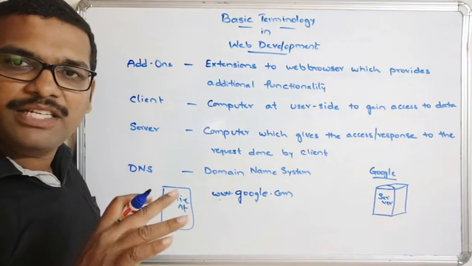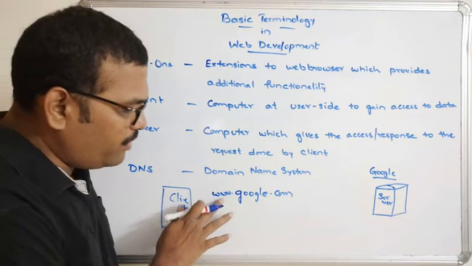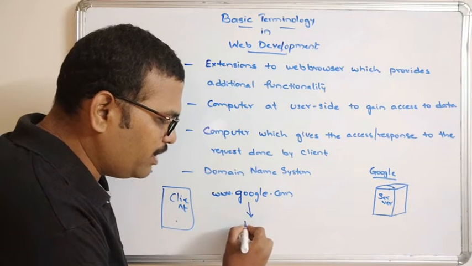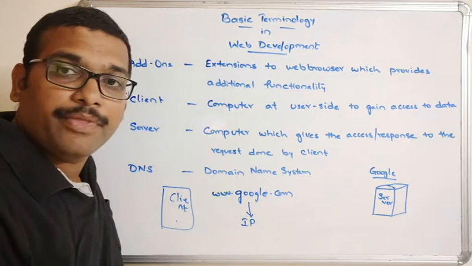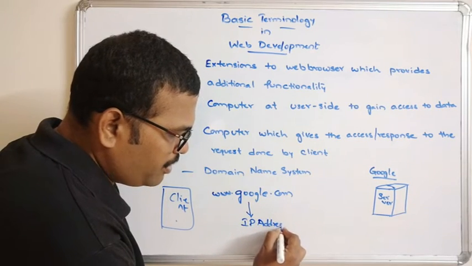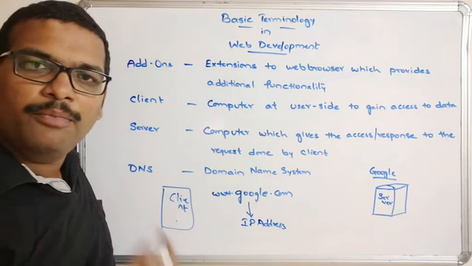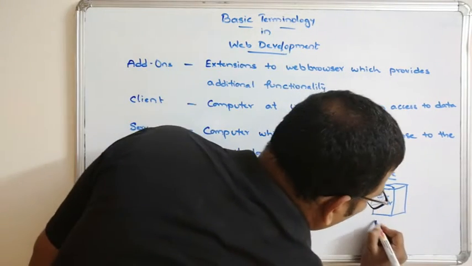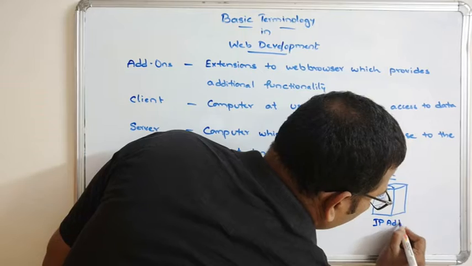How it happens is, whenever the user enters this website, the first step is that it will be converted into an IP address. Through the IP address only we can communicate with the server. What is an IP address? The IP address is the unique identity of this server.